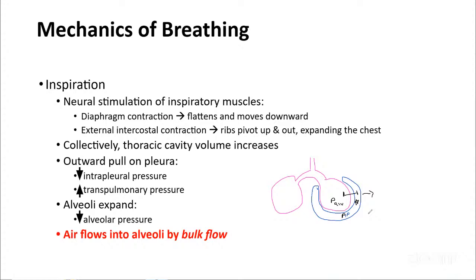That transpulmonary pressure, when it gets bigger, that means we have more of a pull, basically, for the lung to distend. So as that vacuum suction kind of happens in the intrapleural space, we're creating more of a pull on the lung for it to expand as we increase that transpulmonary pressure.